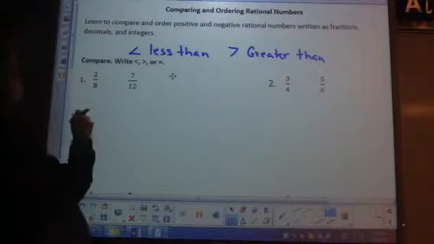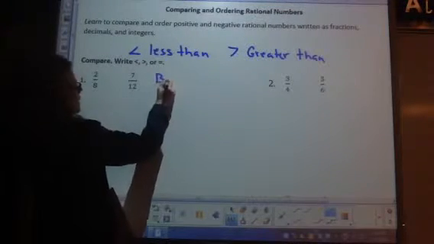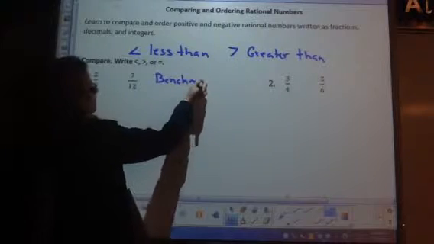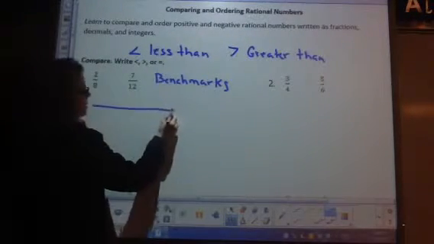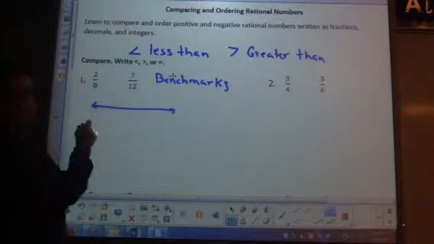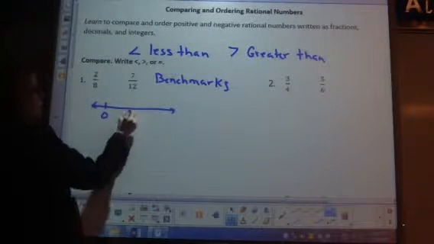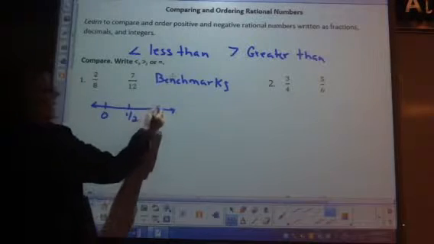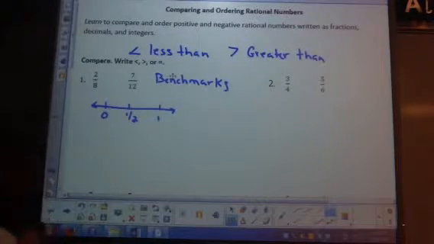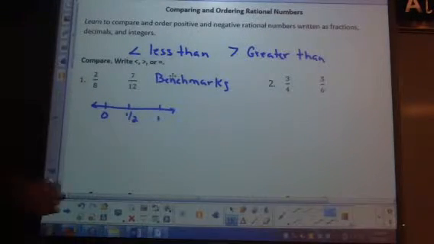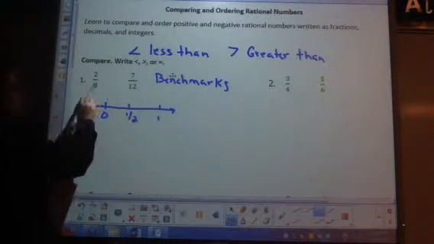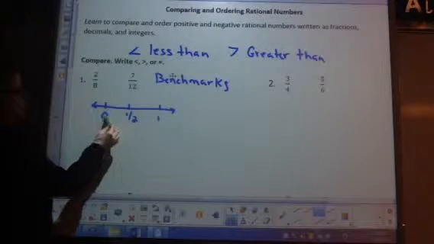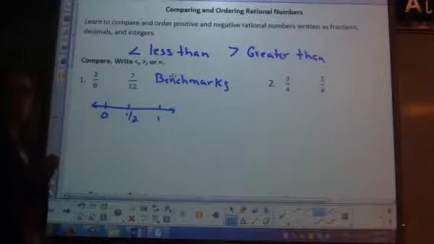Okay, so on this first one, we're going to think benchmarks. On a number line, when we think benchmarks, we think of the number 0, 1/2, and 1. So you need to think, 2/8. Is this closer to 0, 1/2, or 1?